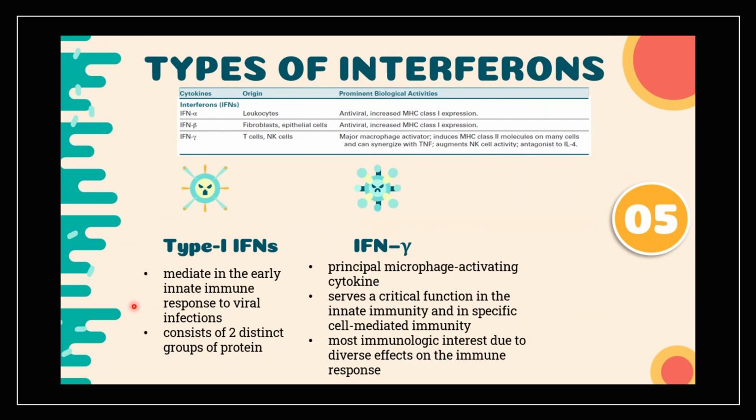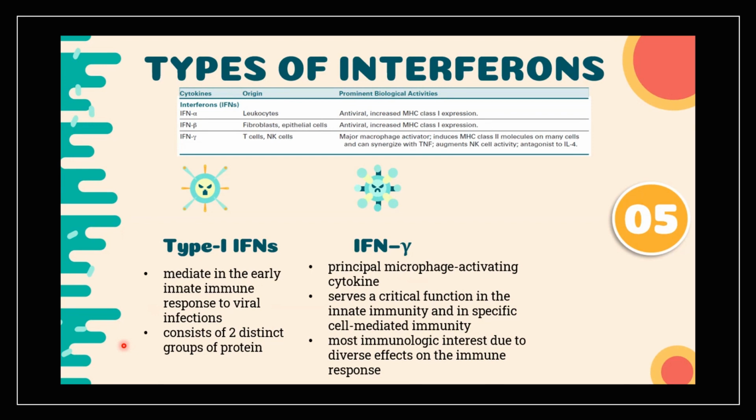As I mentioned earlier, there are two major types of type 1 interferons. They are structurally different but bind to the same cell surface receptor, and they also induce similar biologic responses. IFN alpha is produced by infected leukocytes and epithelial cells in response to viral infection.